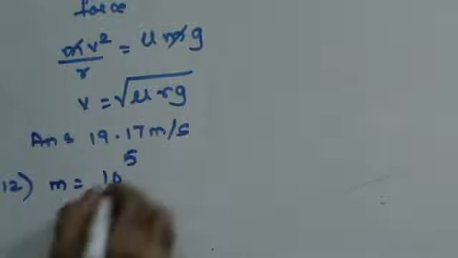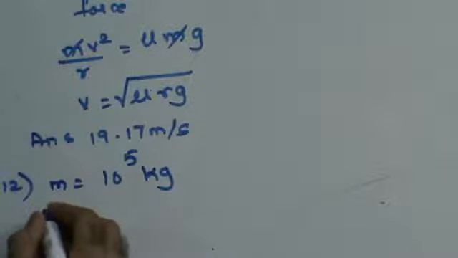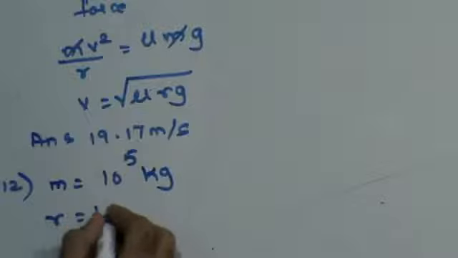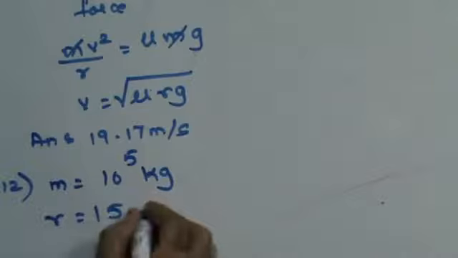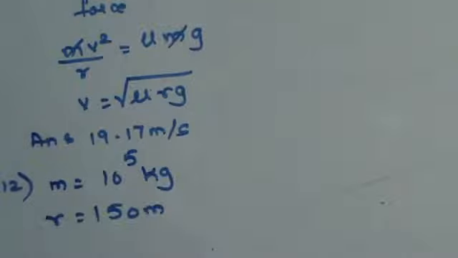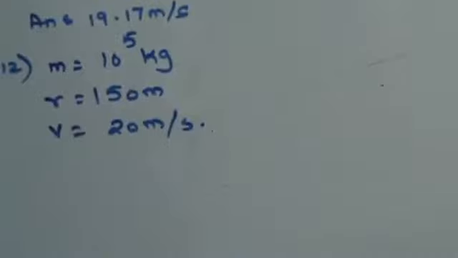Next, a train of mass 10 to the power of 5 kgs curves a radius of 150 meters at a speed of 20 meters per second.